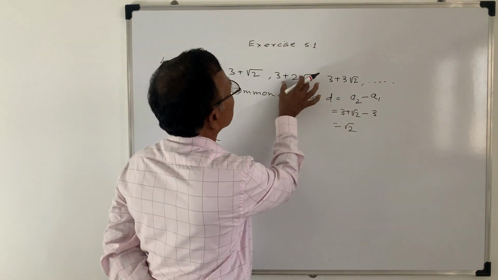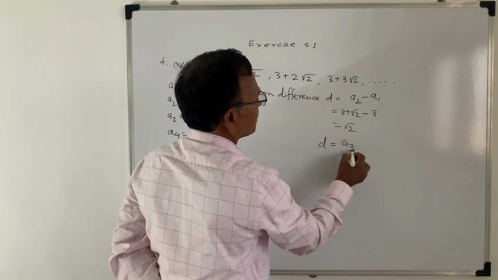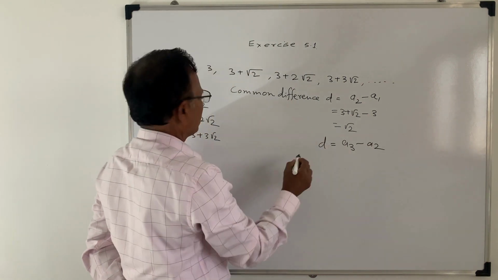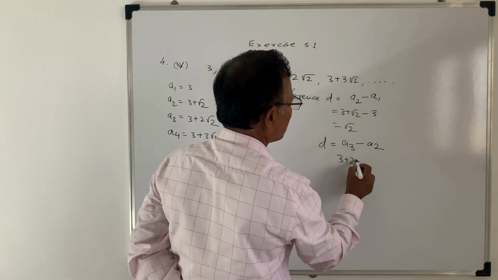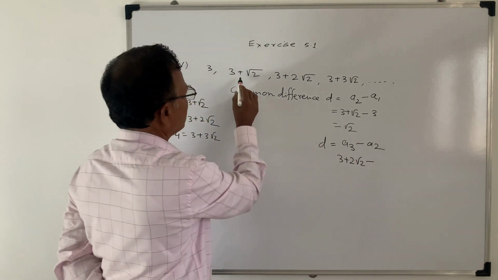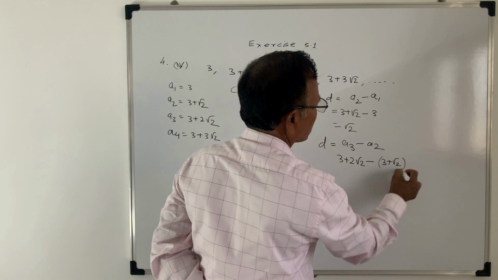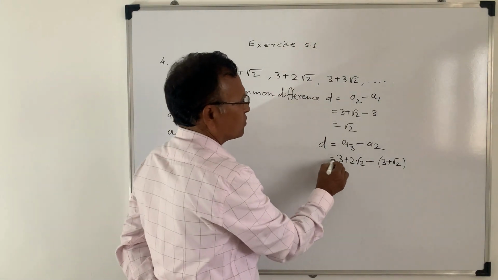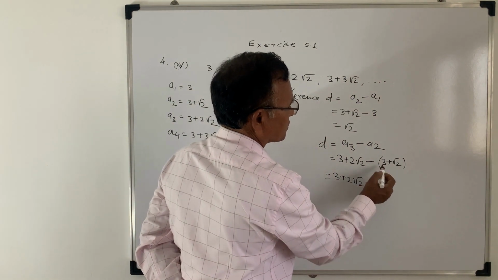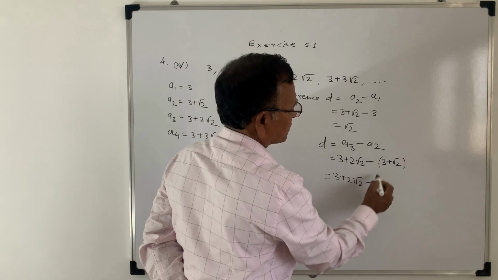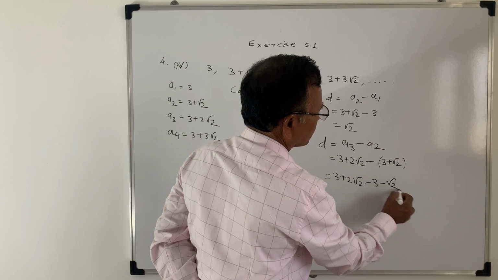Similarly, you take the second terms, D will be equal to a3 minus a2. a3 is 3 plus 2 root 2 minus a2, which you write in brackets, 3 plus root 2, like this you have to write. So 3 plus 2 root 2, after taking out the bracket all signs will change, minus 3 minus root 2.